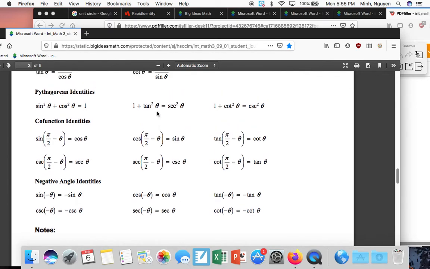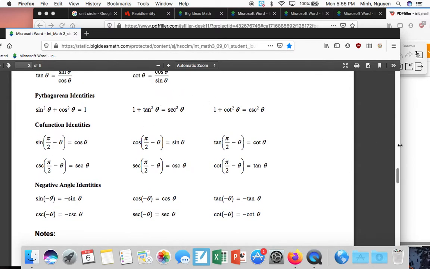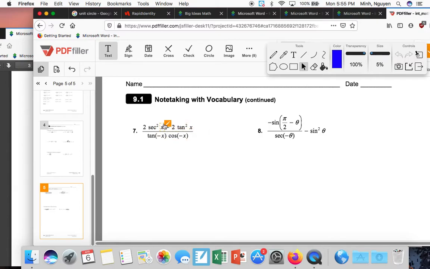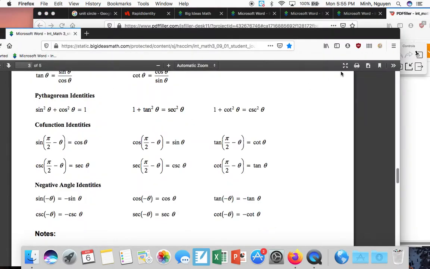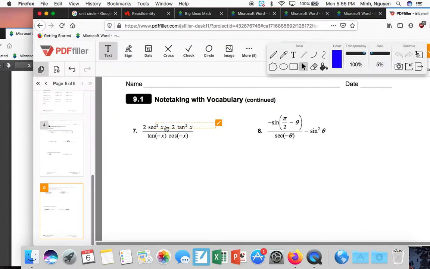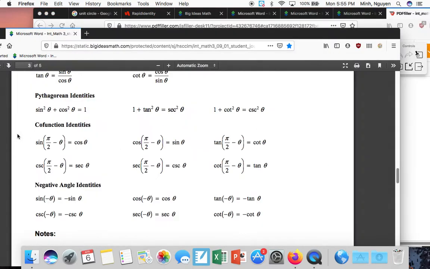Okay, yeah, look. So I got 1 plus tan squared equals secant squared. And let's see how we can make that work here. So this says secant squared minus tan squared. If I subtract tan squared on both sides, then it will be equal to 1.